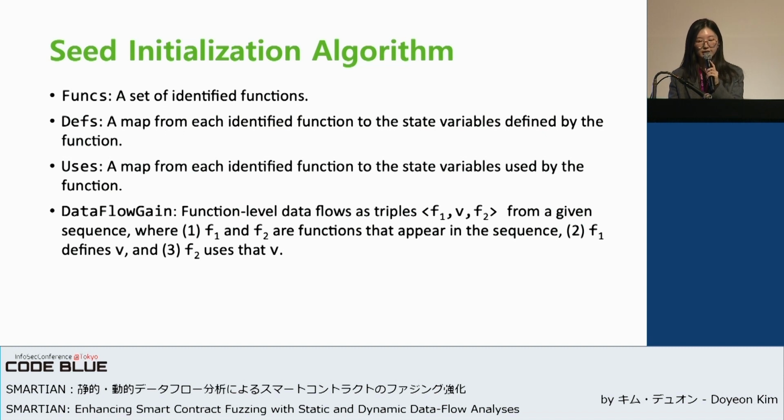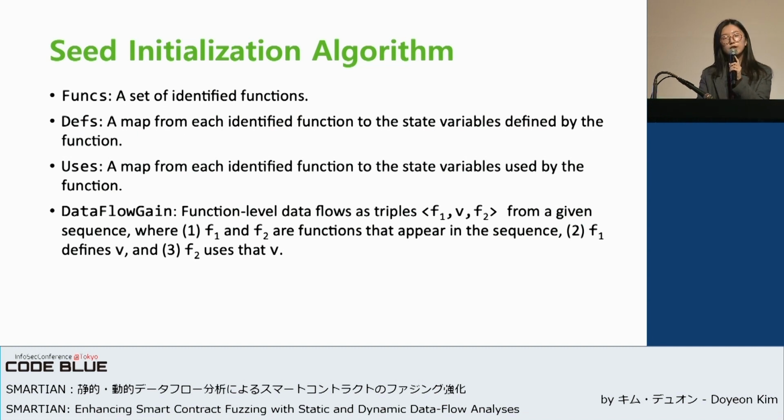And the next is use, which is a map from each identified function to the state variables used by the function. So all the information is obtained from static analysis, which I already talked about. We can get defs using sstore instructions and use using sload.